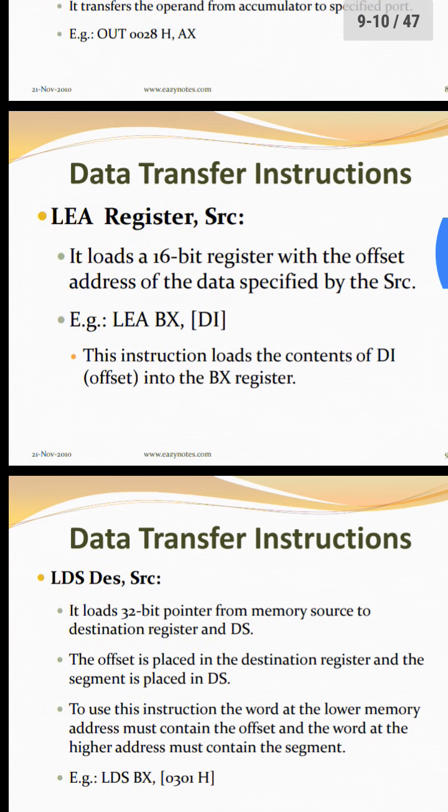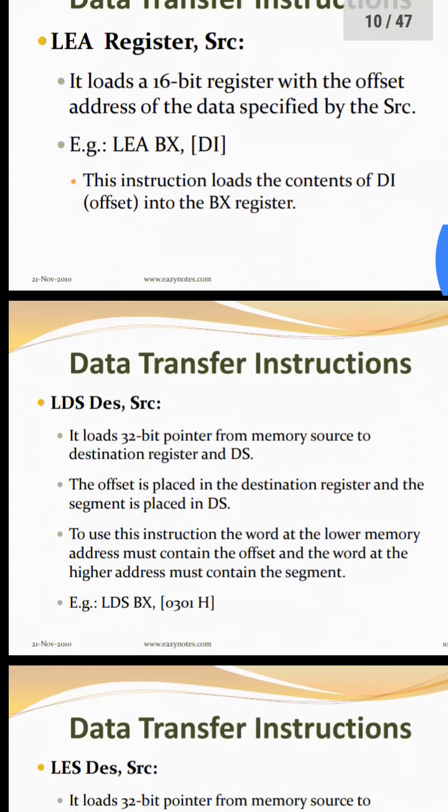Next instruction is LEA register comma source, load effective address. It loads a 16-bit register with the offset address of the data specified by the source. The DI register contains the offset address, so the offset address of the DI register is copied into the BX register.